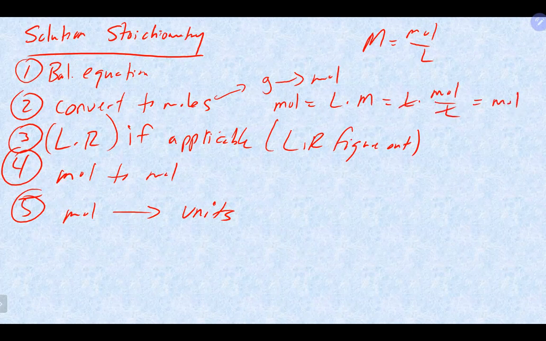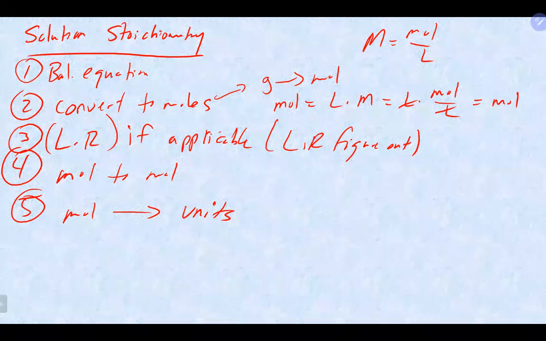The middle part's really the same. Remember, regardless of the type of stoichiometry, whether it is regular stoichiometry, gas, or solution stoichiometry, the way that we know if we need to determine a limiting reagent is if we have enough information to get to moles of each of the reactants.